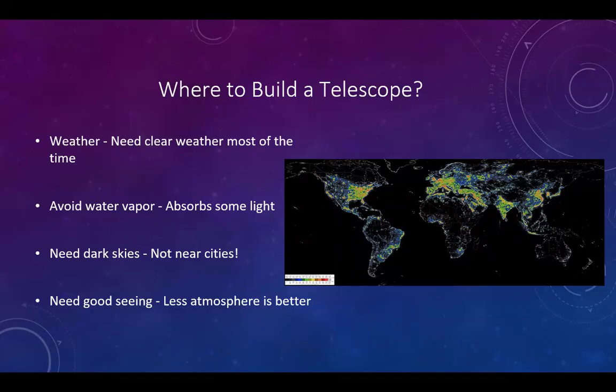And you need dark skies, so you need to not be near cities. And you'd like to have good seeing. You need good seeing, so as little atmosphere as possible is best. So the best solution is on top of a mountaintop in a desert.